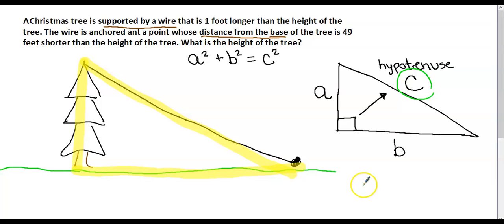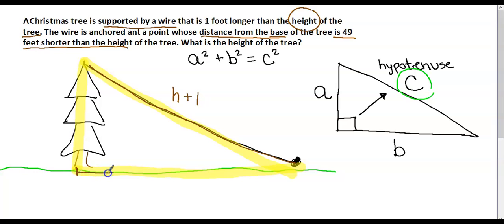Now let's go back and see what other information we are given. A Christmas tree is supported by a wire that is 1 foot longer than the height. So here's the wire. That is our height plus 1. And that height is the height of the tree. The wire is anchored at a point whose distance from the base of the tree is, they're going to tell us another thing, 49 feet shorter than the height.